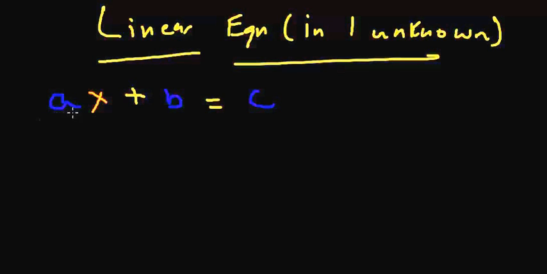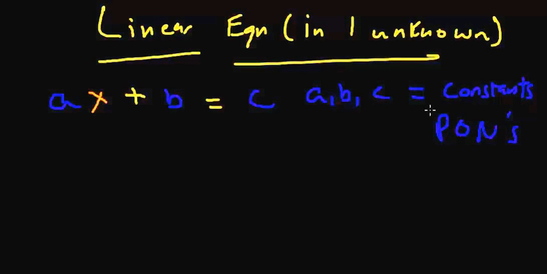The reason why I color coded these, the ones in blue, the a, b, and c, we call these constants. What they are is they're just known numbers, or what we like to call plain old numbers. And a, b, and c can be any real number.